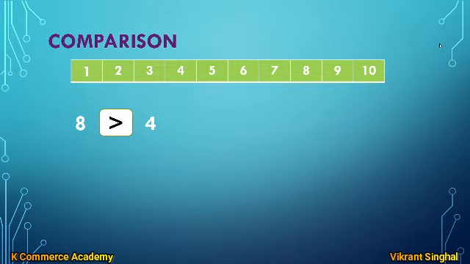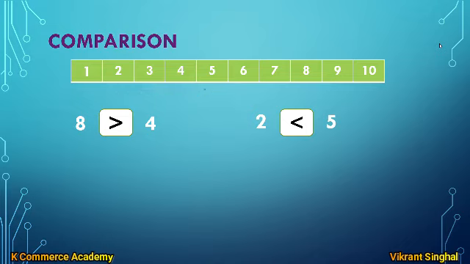Again, we have another question, that is compare 2 and 5. Again we will see on the number strip that 5 is at the right hand side of 2. In such a case we will put the less than sign here, as 2 is less than 5.